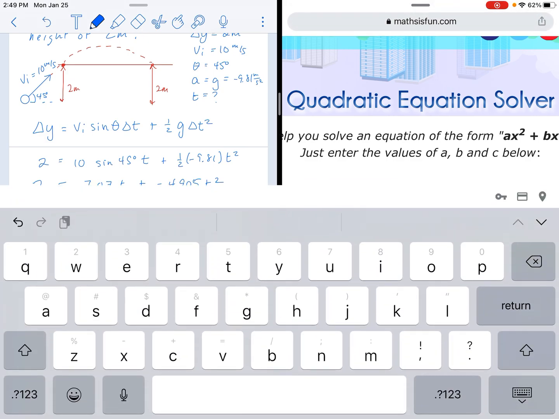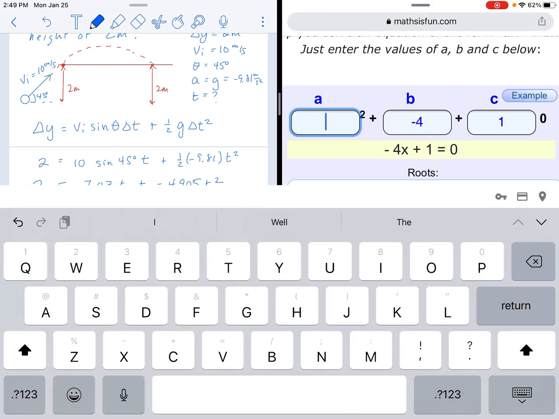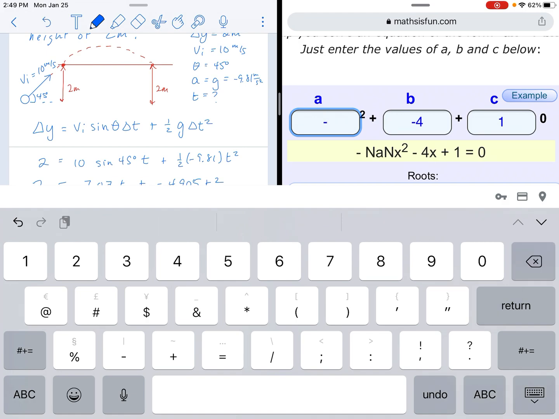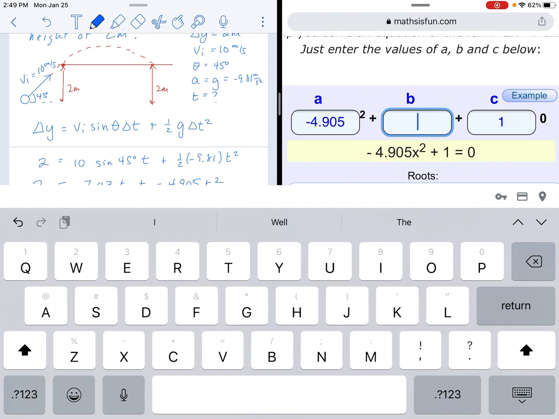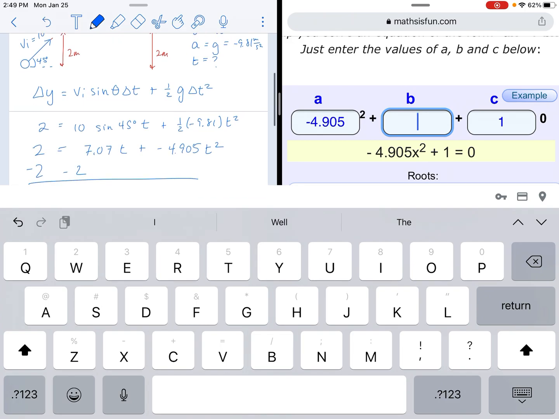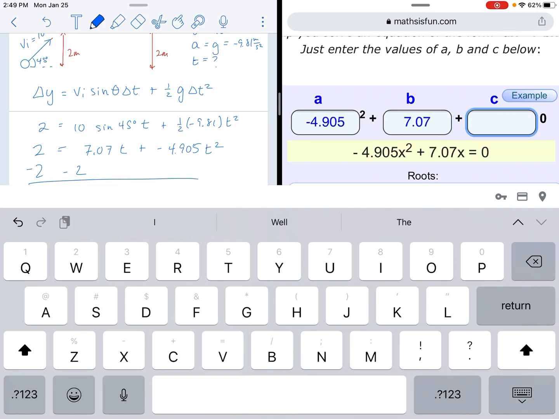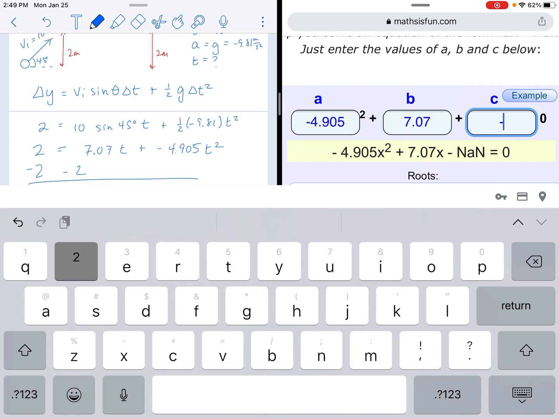A would be negative 4.905. B would be 7.07. And C would be negative 2.